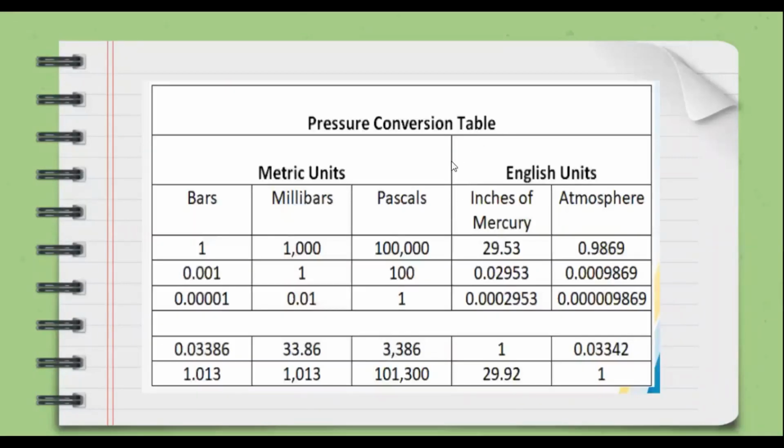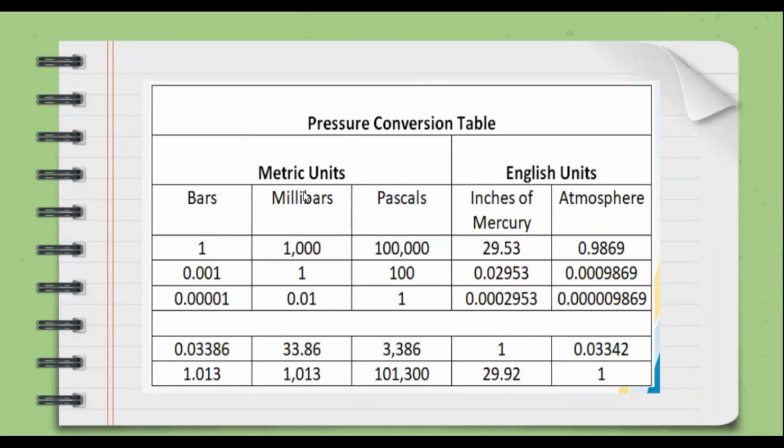Okay, so given also is the pressure conversion table in metric units and English units. Under metric units, we have bars, millibars, and pascals, with their corresponding values.